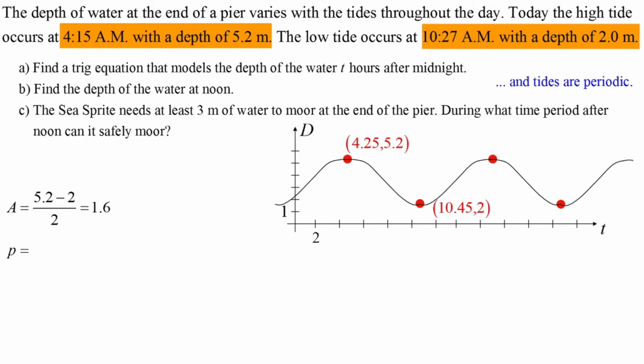So let's get out our calculators again and go 10.45 minus 4.25. And that gives me a 6.2, all right? But now I've got to multiply that by 2 to get 12.4. So the period of this sine wave right here would be 12.4.